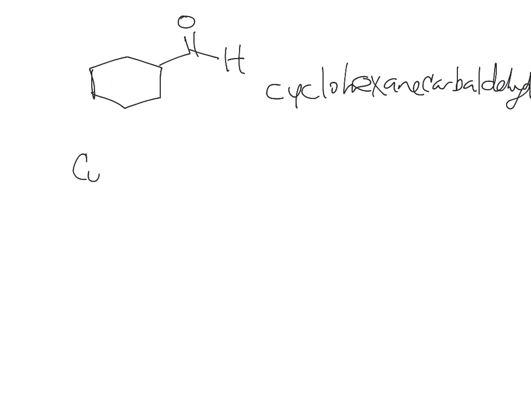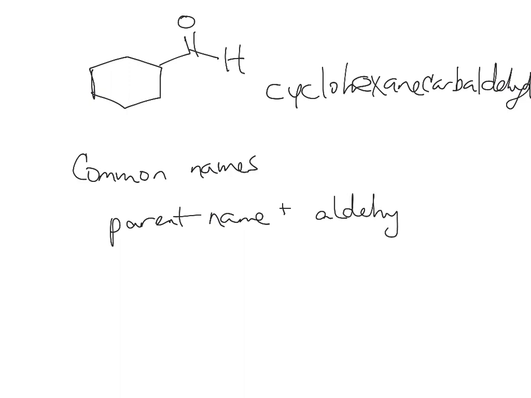If, on the other hand, we look at the common way of naming things, you're going to take the parent name of the root and add the suffix aldehyde. This is for things like benzene. So benzene would be benzaldehyde.